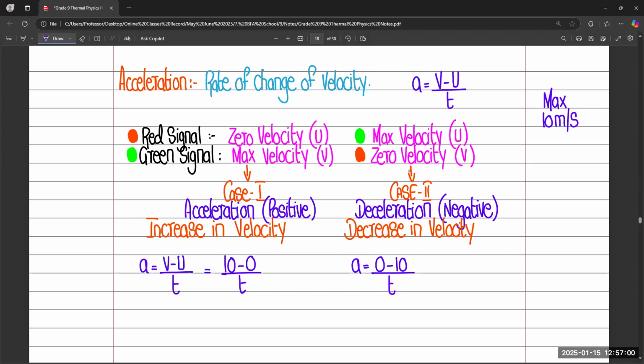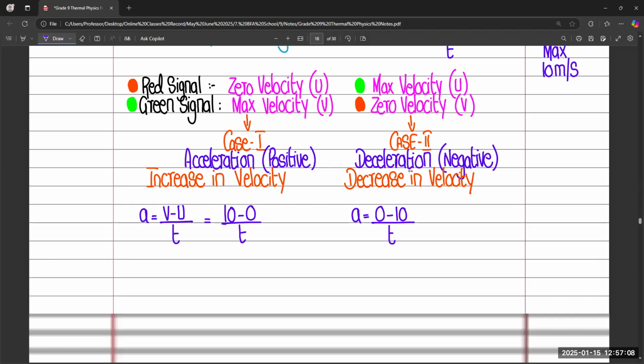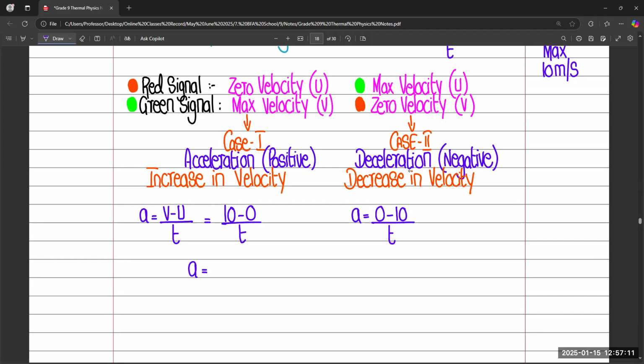But in the second case, 0 minus 10 will give you a negative result, right? So it is equal to minus 10 divided by t.